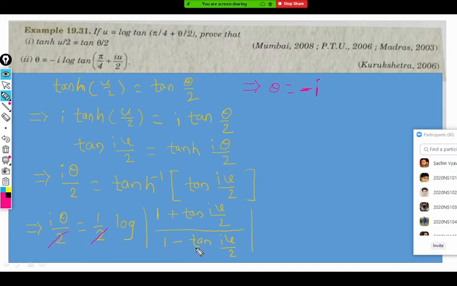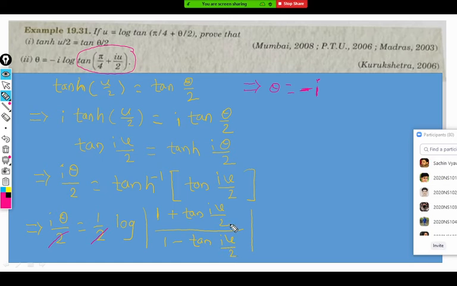Can you see what this quantity is? One plus i tan iθ by two. Correct. So this part can be written as tan of pi by 4 plus iθ by two, because this is tan pi by 4 plus tan iθ by two divided by one minus tan pi by 4 into tan iθ by two. So the next step is the answer only.